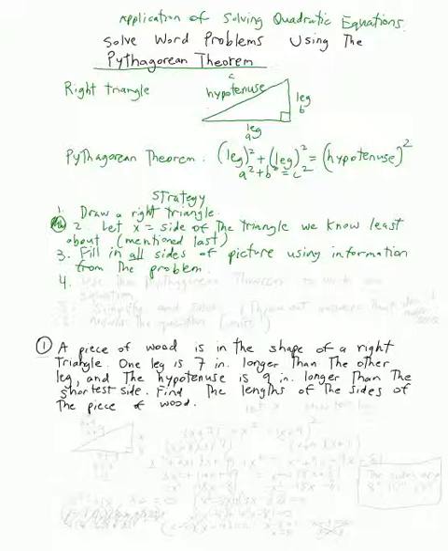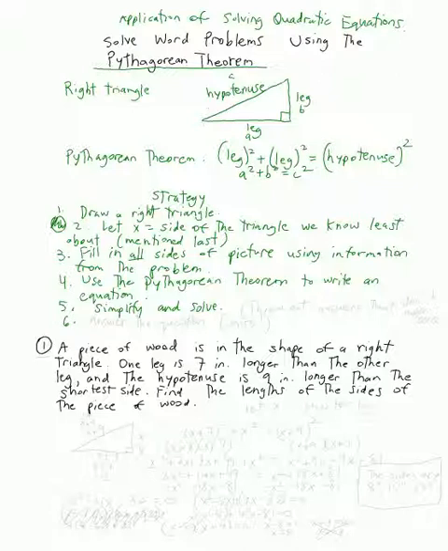Step four, most important step, use the Pythagorean Theorem to write an equation. Step five, simplify and solve.